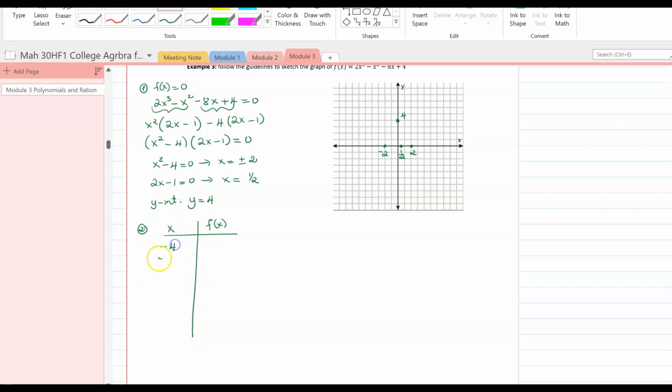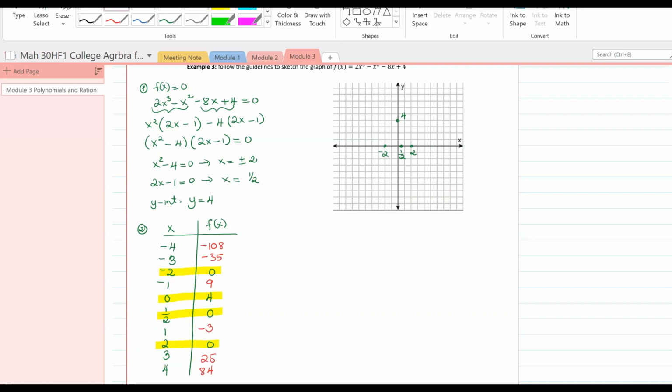Negative 4, negative 3, negative 2, negative 1, 0, 1/2, 1, 2, 3, 4. So here we get 0, 0, and another 0. When x equals 0, y equals 4. So let's fill in this table to see what happened.